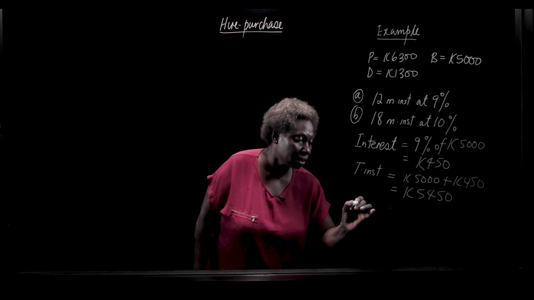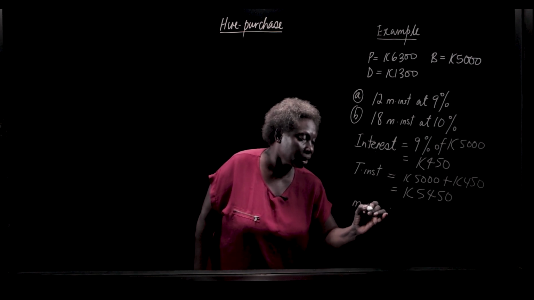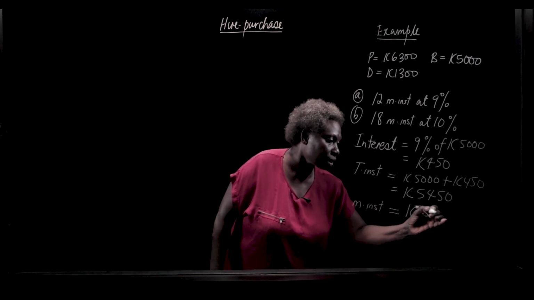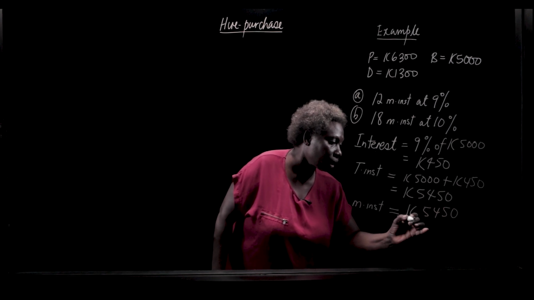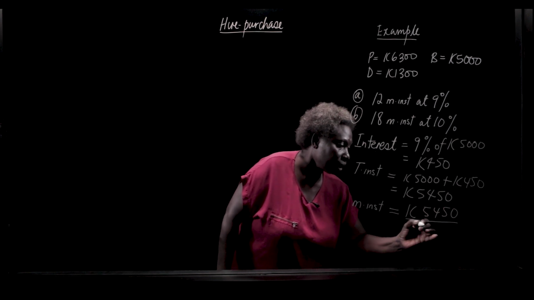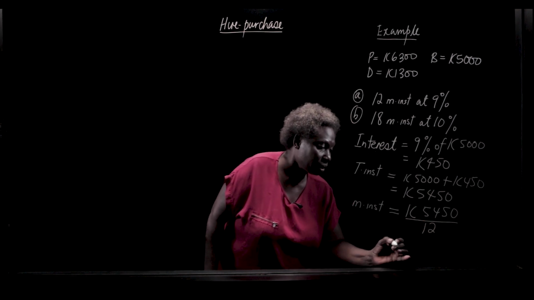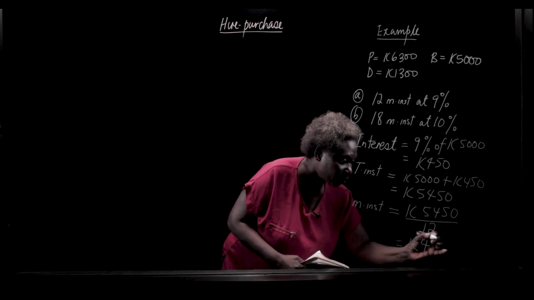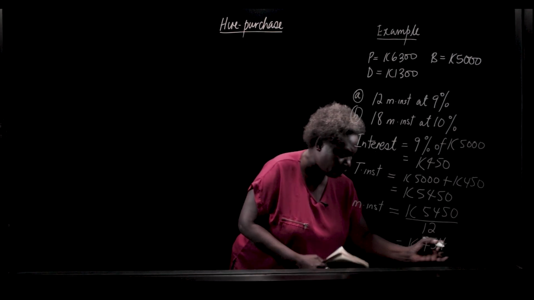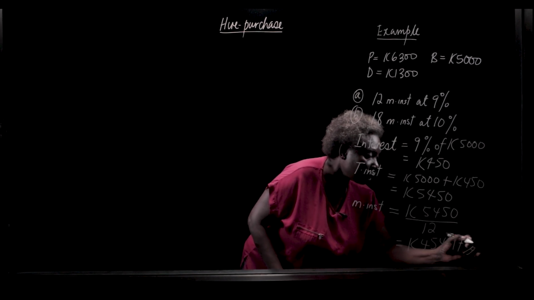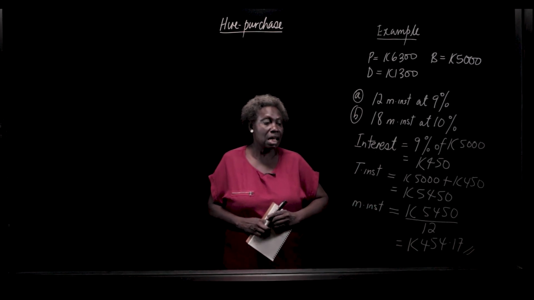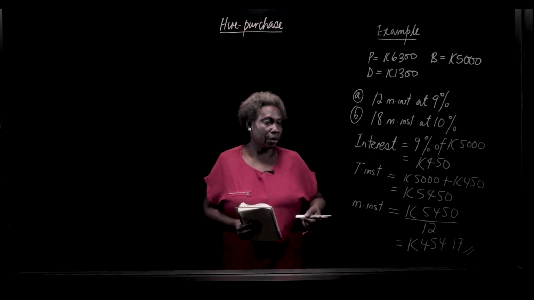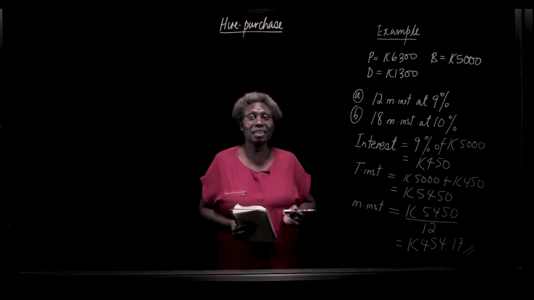So his monthly installment will be equal to 5,450 kina divided by 12 months, and that gives us 454 kina 17 toya. So he pays 454 kina 17 toya per month to pay off the balance plus interest.